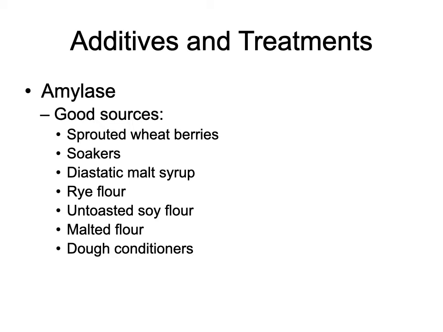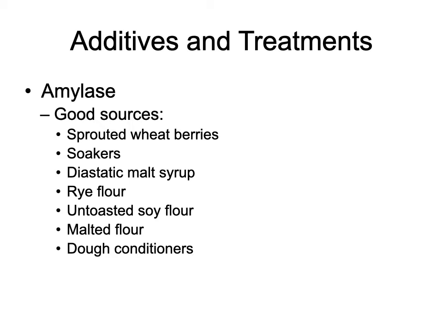A little bit of rye flour added to a dough can help increase enzyme activity, because rye has a higher falling number than wheat flour does. Untoasted soy flour. Obviously, if you toast the soy flour, it's going to reach a certain level of temperature where it will deactivate all the enzymes, so it has to still be untoasted.